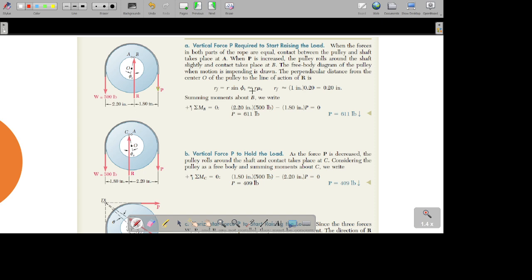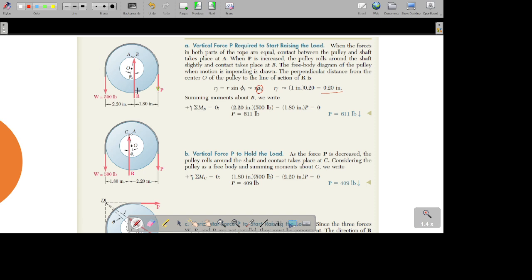Then tan phi equal to, we know, mu s. So that is how this mu s comes from. So RF will be 1 into the radius of the shaft, which is 1 inch, and the value of mu s is given in the question, which is 0.20. So you will get 0.20, which is the radius of friction, RF.